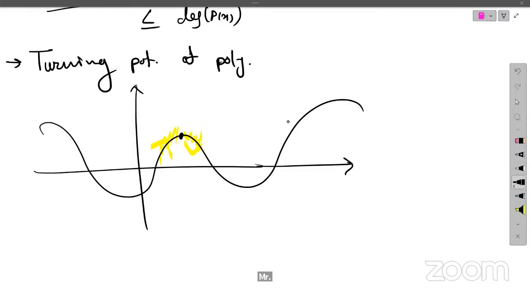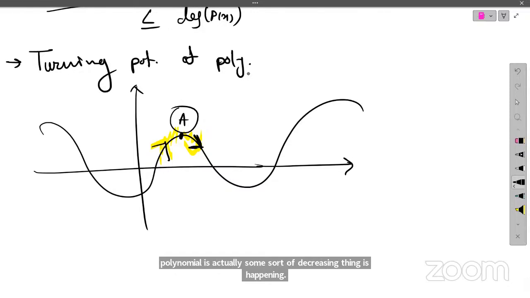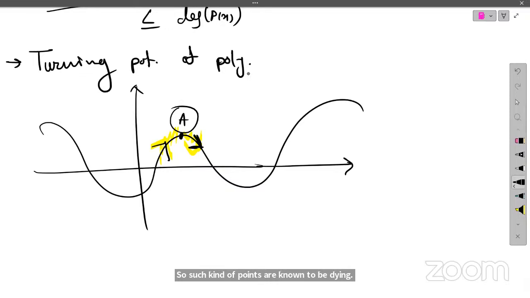Okay. So turning points are those points where the polynomial changes its behavior. Before this point, capital A, the polynomial is showing an increasing behavior, increasing rapidly. But after this point, some sort of decreasing is happening. So such points are known as turning points. For the time being, we can compute the turning points of a polynomial only by seeing the graph.